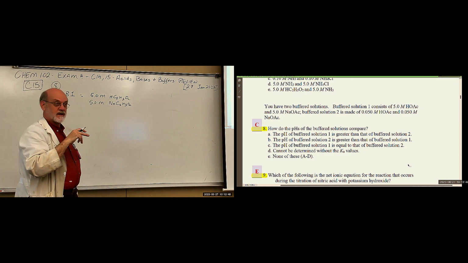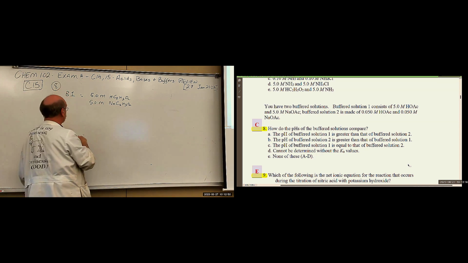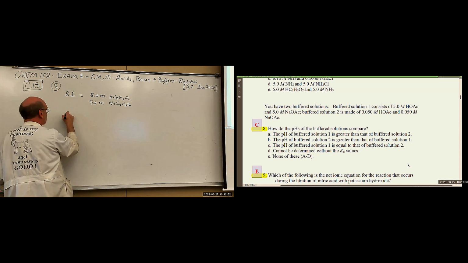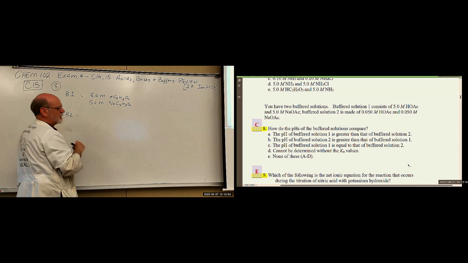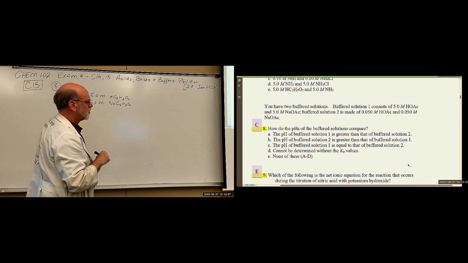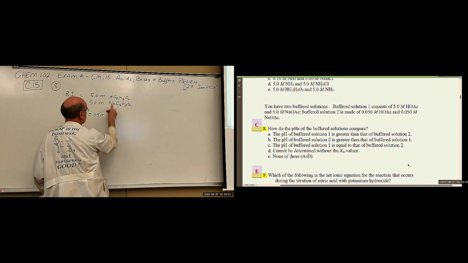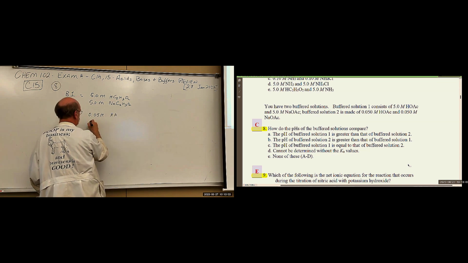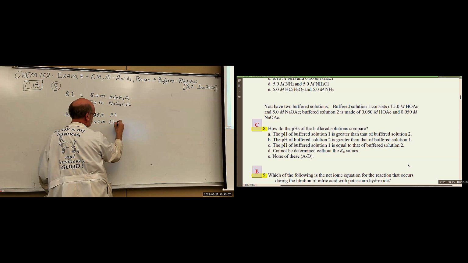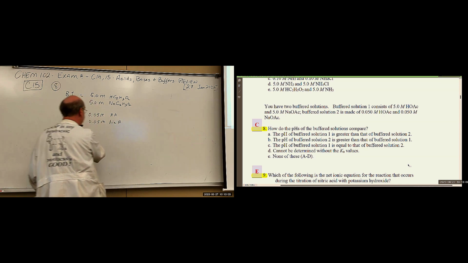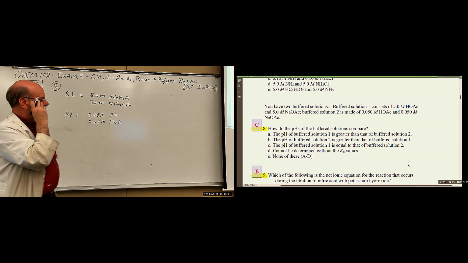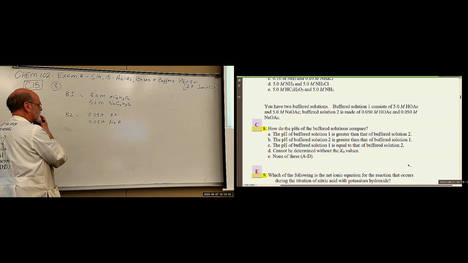That's right in the middle of the buffer zone. And so that's a good buffer. How about buffer 2? Buffer 2 is 0.05 molar of the acid and 0.05 molar of the conjugate base. So what do we know about those 2 solutions?